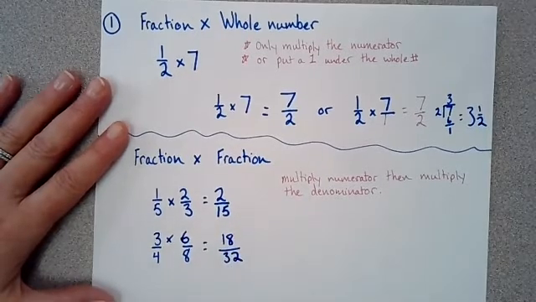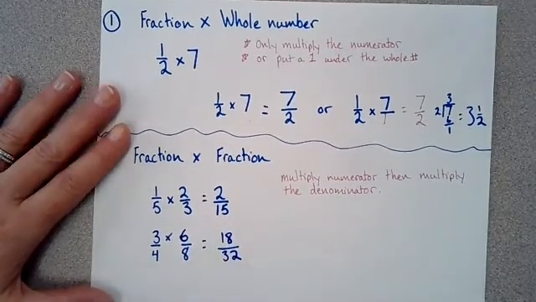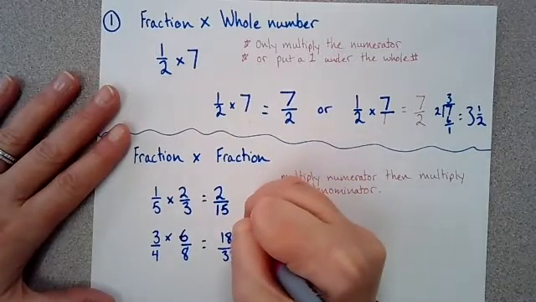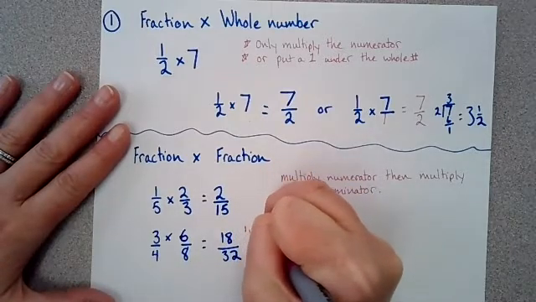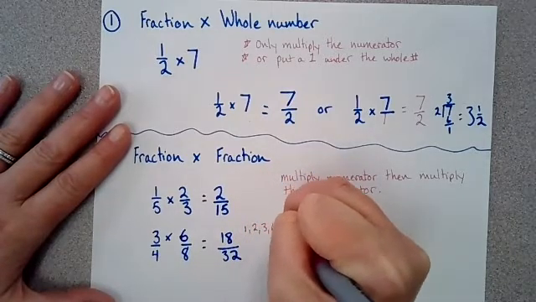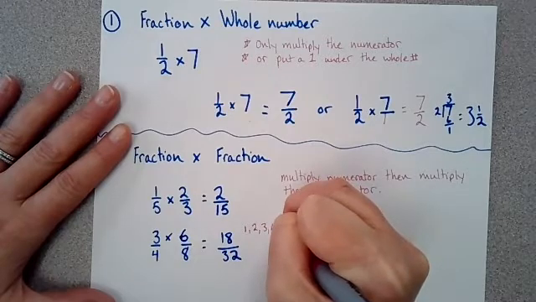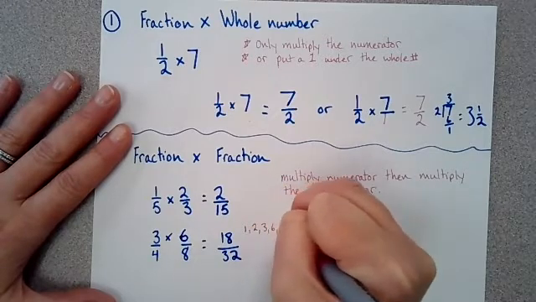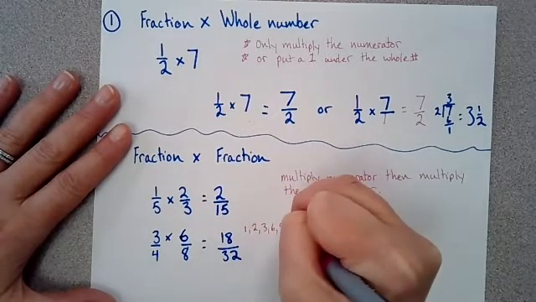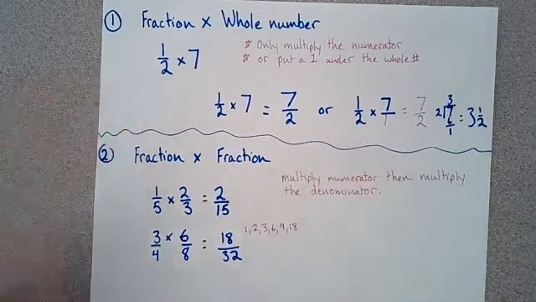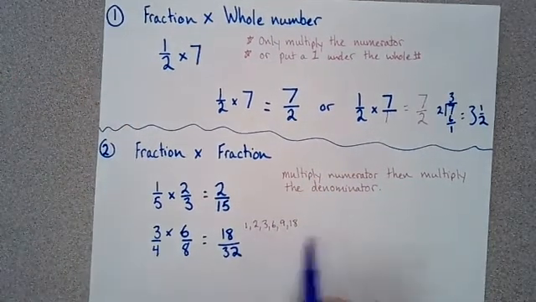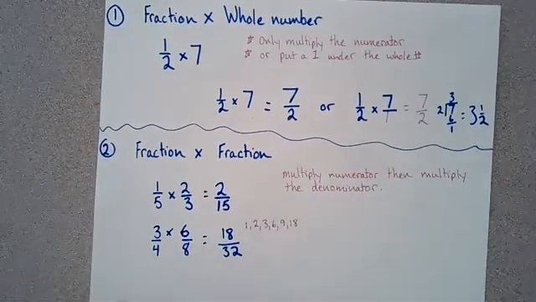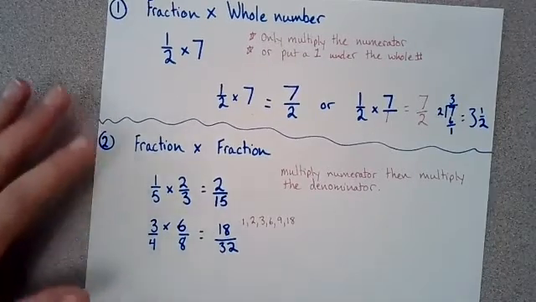Okay, of course, these are big numbers, so you have to simplify. What are the factors of 18? You've got 1, 2, 3, 6. What goes with 18? 2 and 9 and 18. And then you have to ask yourself, what is the biggest number that can also divide into the 32, okay?